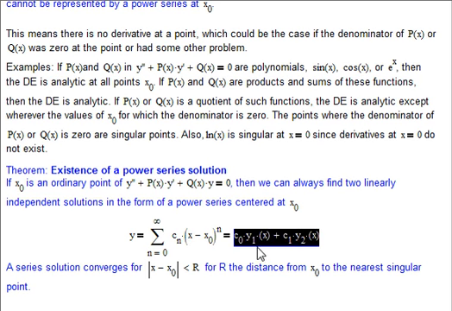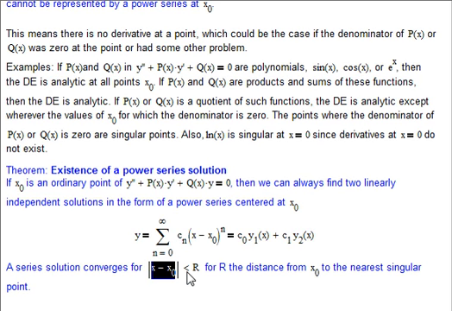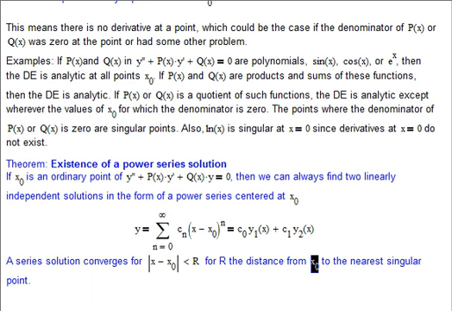The way I have this written, we have constant 0 times y1 of x, which is some part of this power series, and constant 1 times some function y2 of x, and y2 is also some portion of this power series. The series solution converges for all x minus x0 less than r, where r is the distance from x0 to the nearest singularity, or the nearest singular point.